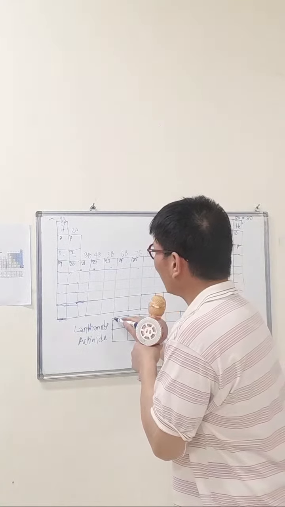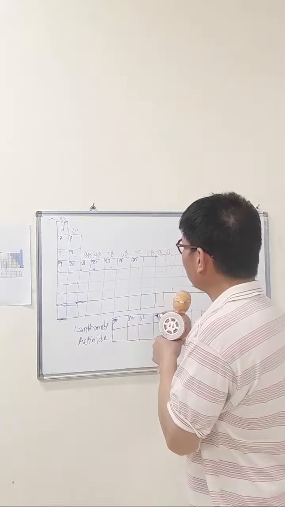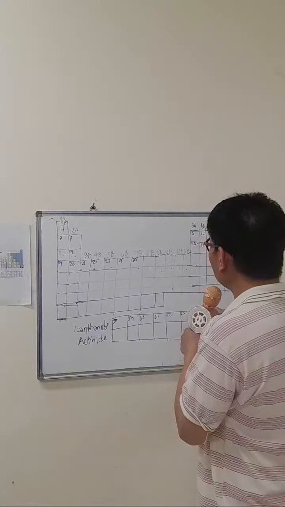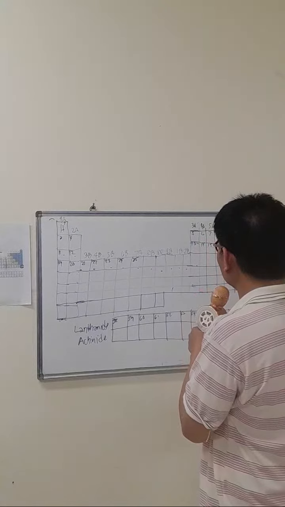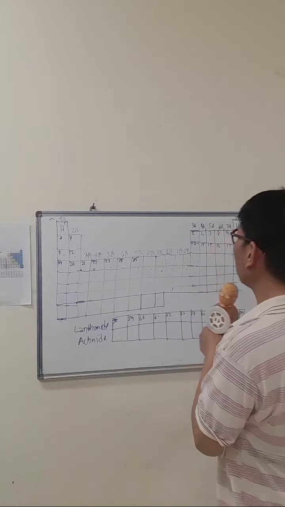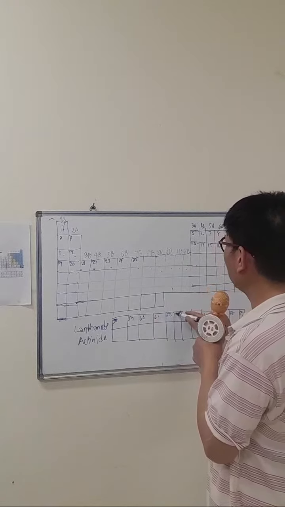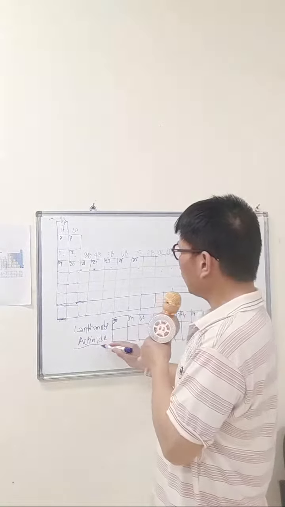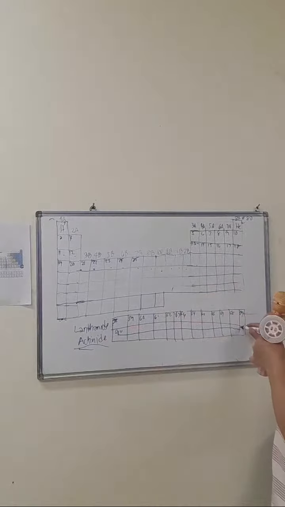This is 51, okay, 59, 60, 61, 62, 63, 64, 65, 66, 67, 68, 69, until 71. Get the point? Like this. And then also actinide, we have from 90 to 103 here.